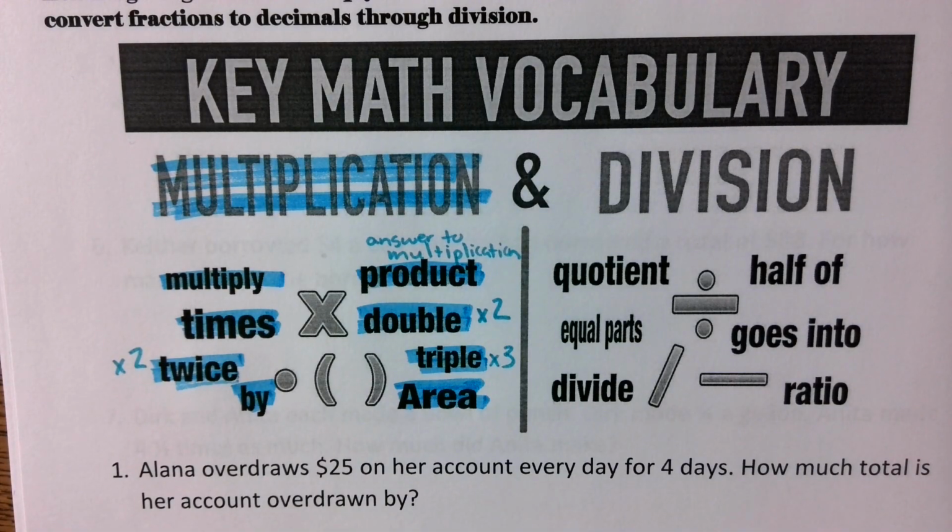Now, there's a couple of things that I did not put up here that you do want to make sure you have a good focus on. Fraction of something. The term of, when we're talking about rational operations, term of actually means that you're multiplying.